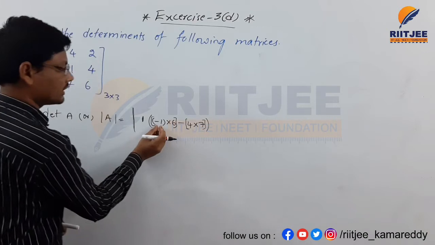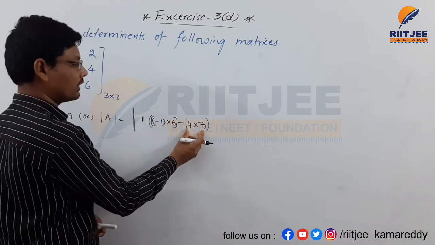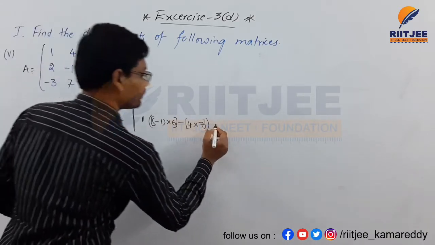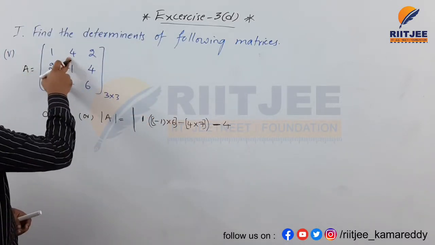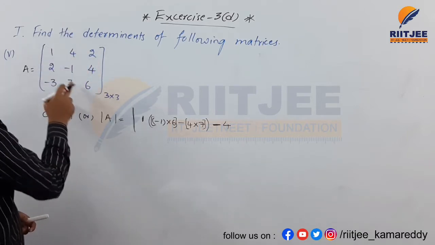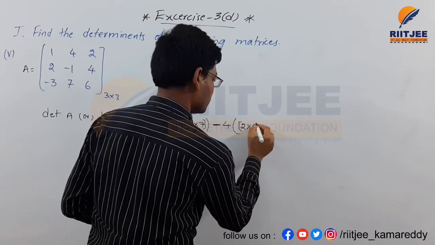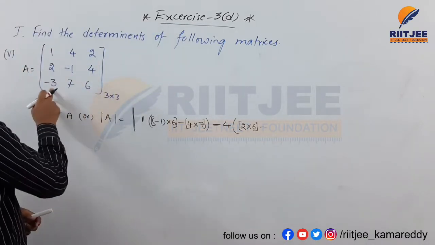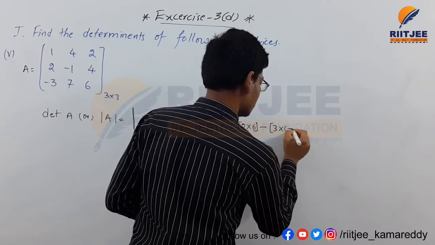Observe clearly here, this bracket is for minus 1, this bracket is for this one, and this bracket is for the total, and here a negative symbol will come. Why? Because here this is A12: 4 into, eliminate the row and column which is having 4 here, (2 into 6, minus 3 into minus 4).